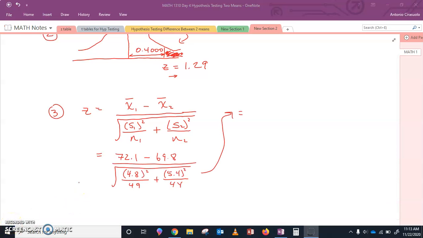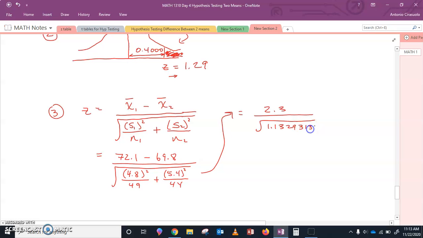So putting the values in, I have the following, and then performing the calculation, I get 2.3 on top, divided by the square root of 1.1329, which then gives us 2.3 divided by 1.0644, and almost there.